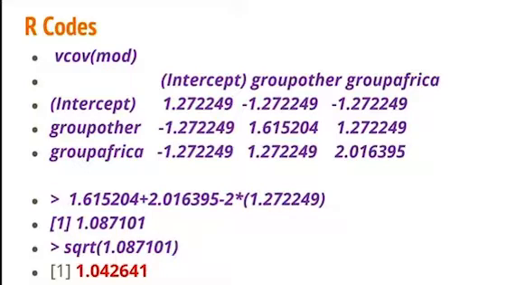That's why you see SQRT in R, the square root. Now this 1.042641 is the standard error that I need if I want to conduct inference on beta 2 minus beta 3, whether I want to construct a confidence interval or a hypothesis test.